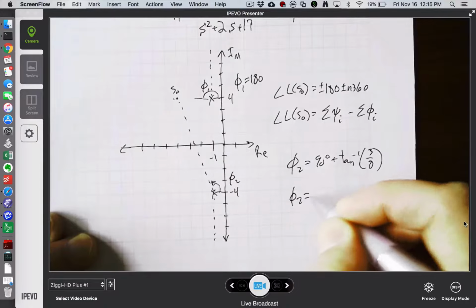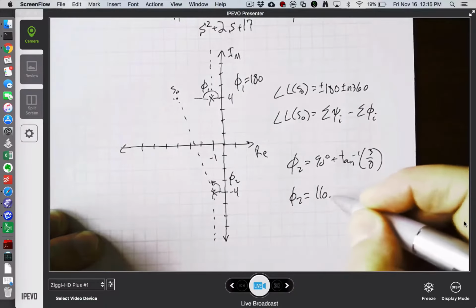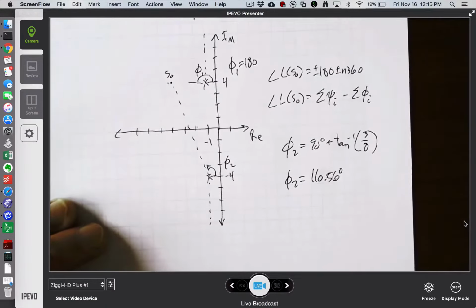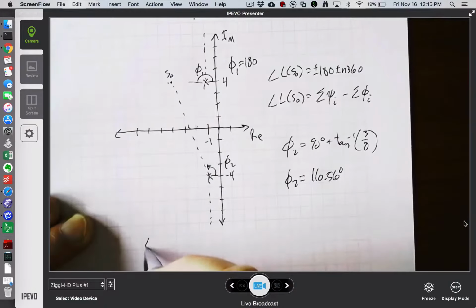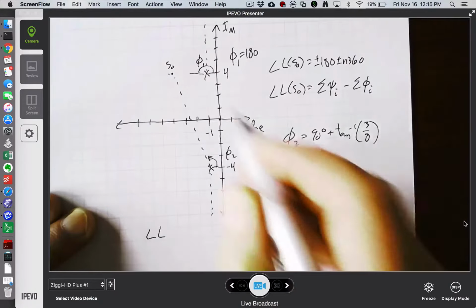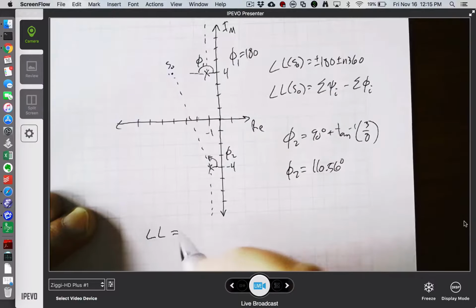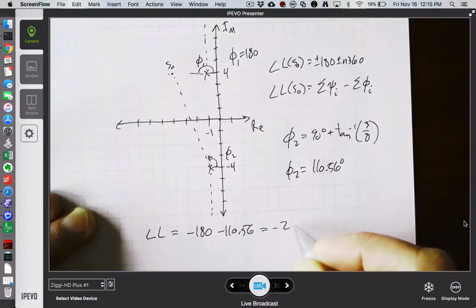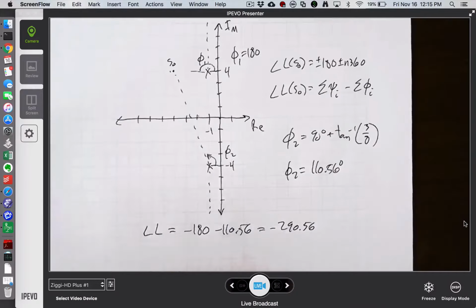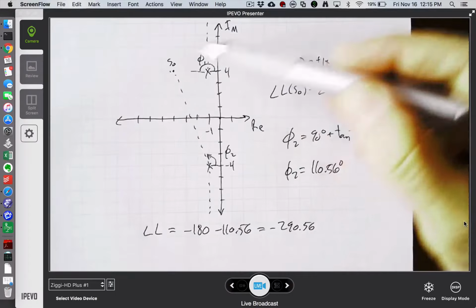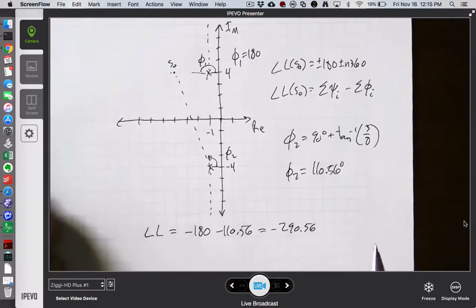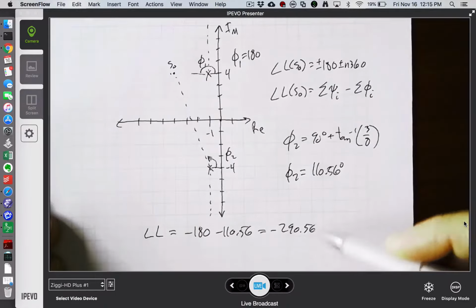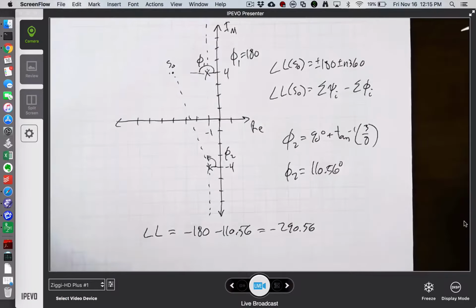And so it turns out that phi2 is 110.56 degrees. So it should work out that the phase of my transfer function with just the two poles at this point is -180 minus 110.56, or -290.56.